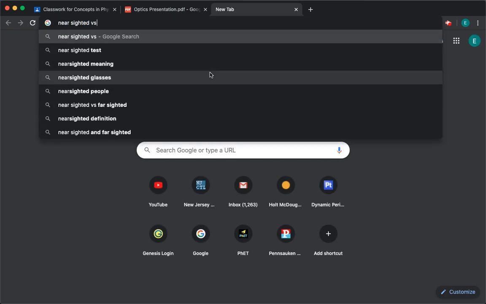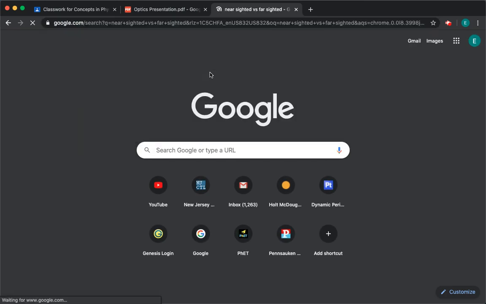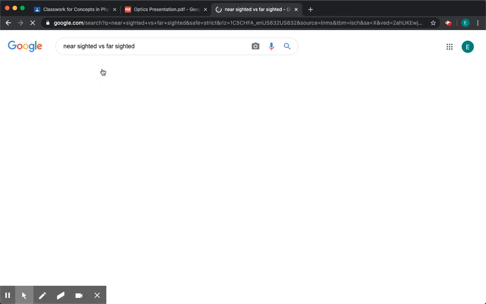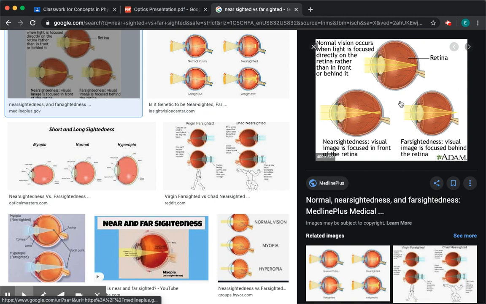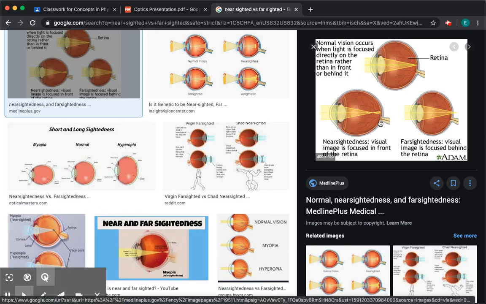So let me see if I can get a quick image that shows you what I'm talking about. Okay, here it is. Perfect. So you want the focal point in your eye to be dead center in the back. But if the focal point is too in front, like you see here, you get nearsighted. If it's behind, then you get farsighted.